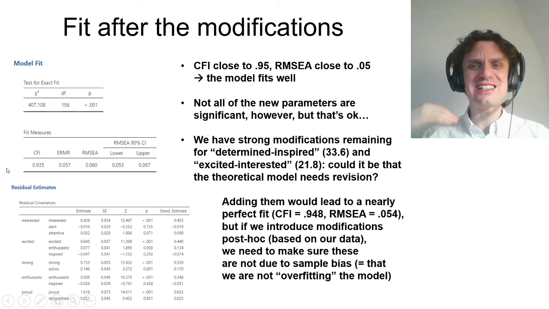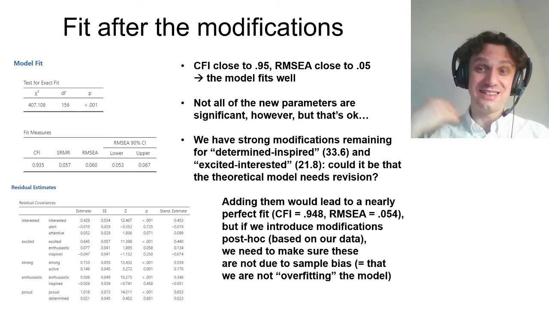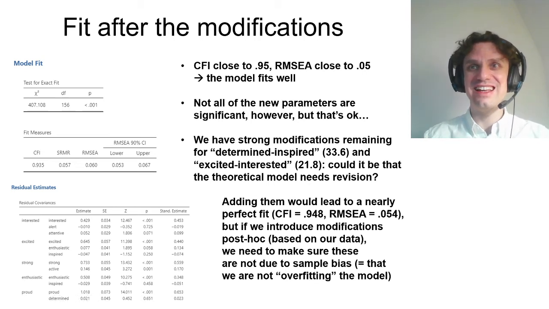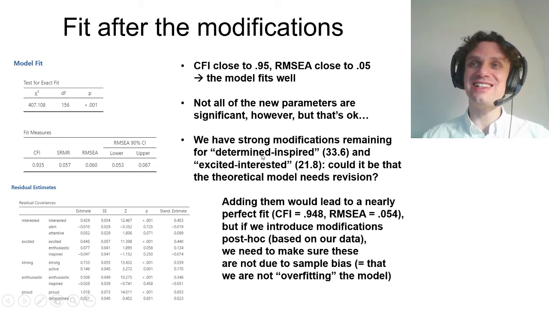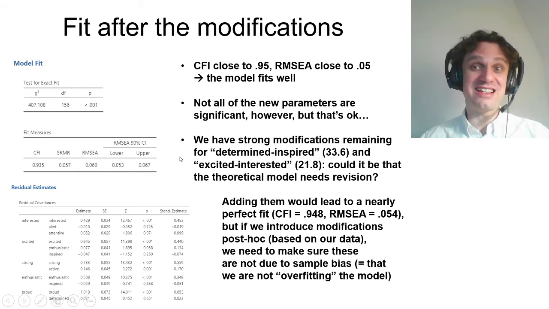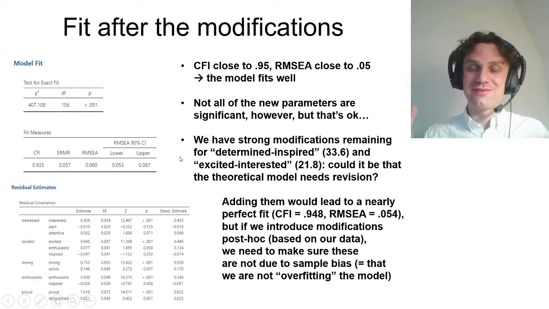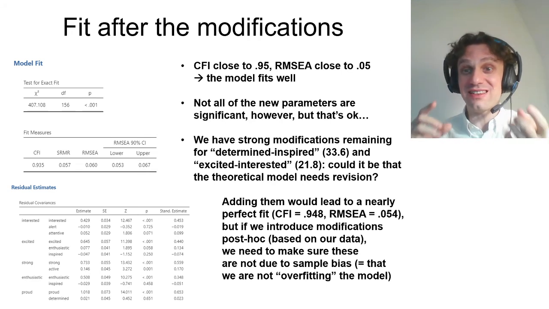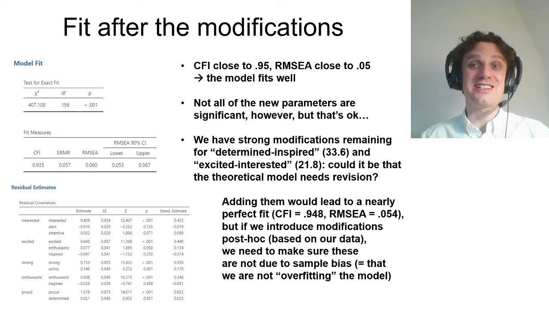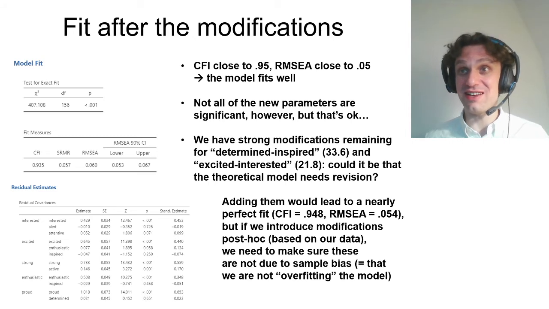So maybe this theoretical hypothesis of Crawford and Henry was not perfect, because even after adding all those covariances, some of them are not significant, but the modification indices remain for determined and inspired, for example, suggesting that maybe it's some kind of inspiration or motivation, and for excited and interested, suggesting that, well, if I'm excited by something or about something, that's maybe some kind of object. So in principle, we could consider revising this theoretical model.